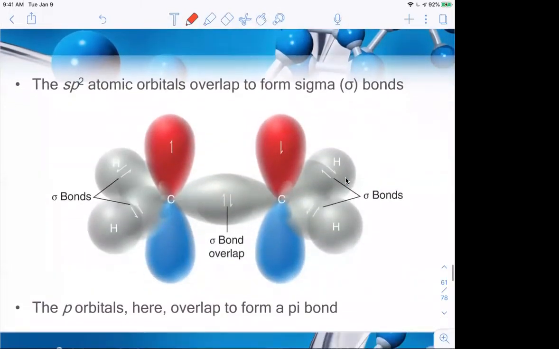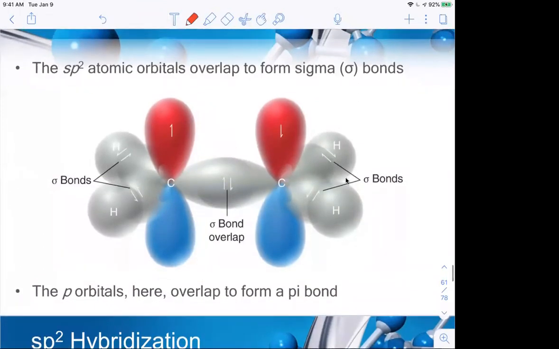So this is how I'm going to form my sigma bond. This is going to be an sp2 orbital overlapping head to head with an sp2 orbital, right? So one of these electrons is from this carbon, the other is from this. That's going to be a head to head overlap. Something else can come out here, right?